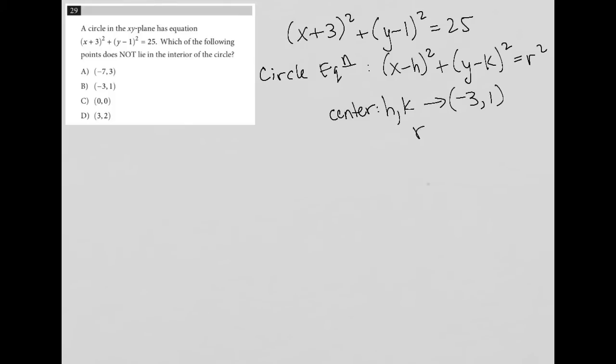And the radius, r, is equal to 5, right? Because r² is 25 and 5² is 25, so r is equal to 5.